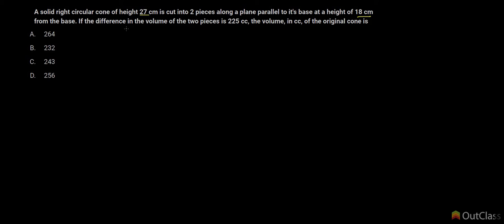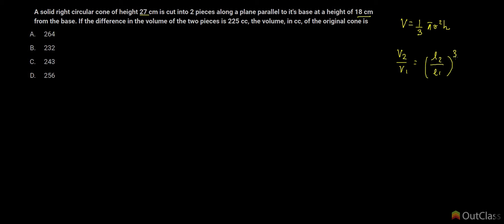Now, this question is meant to be solved using similarity and proportionality. You don't even need to know that volume is 1 by 3 pi r square h. All you need to know is that v2 by v1 is equal to L2 by L1 the whole cube.